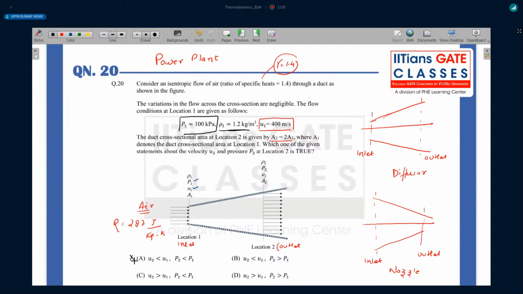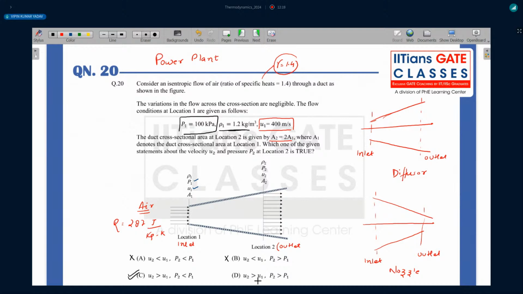Second option, U2 is less than U1. Again, this is not correct, because it is working as a nozzle, so velocity is going to increase. Third option, U2 is greater than U1. Yes, that is correct. What about pressure? Pressure is decreasing, P2 is less than P1, so of course that is correct. What is the next option?